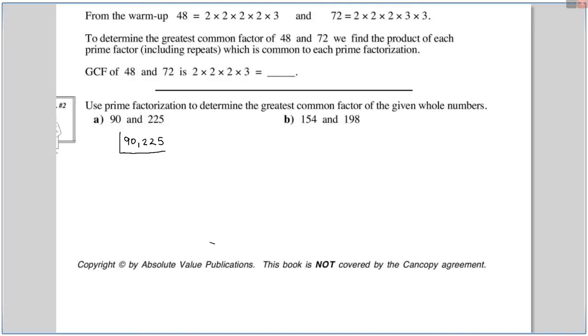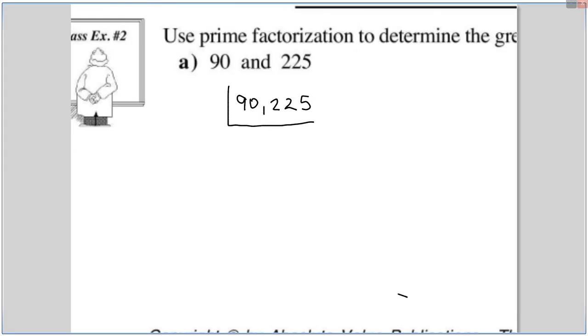So what's the greatest common factor of two numbers? What's the factor that's in common that's the greatest? Well, if we do prime factorization of both at the same time, we'll pull out common factors to the left. So common factors to the left, just like Beyonce.